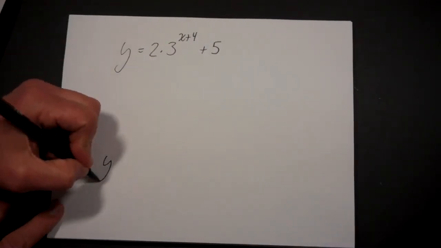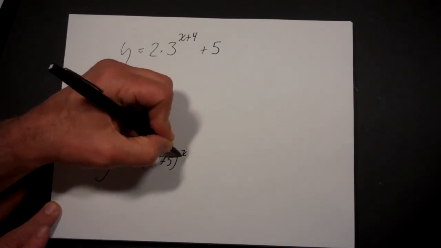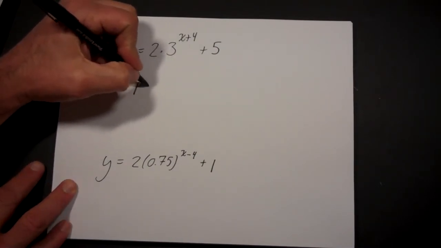Then, given a problem, let's look at the same 2 problems we looked at before: y = 2 times 3 to the (x + 4) plus 5, and y = 2 times 0.75 to the (x - 4) plus 1. Both of these functions you can think of as being derived from another function with something added, and that is what we often call the parent function.